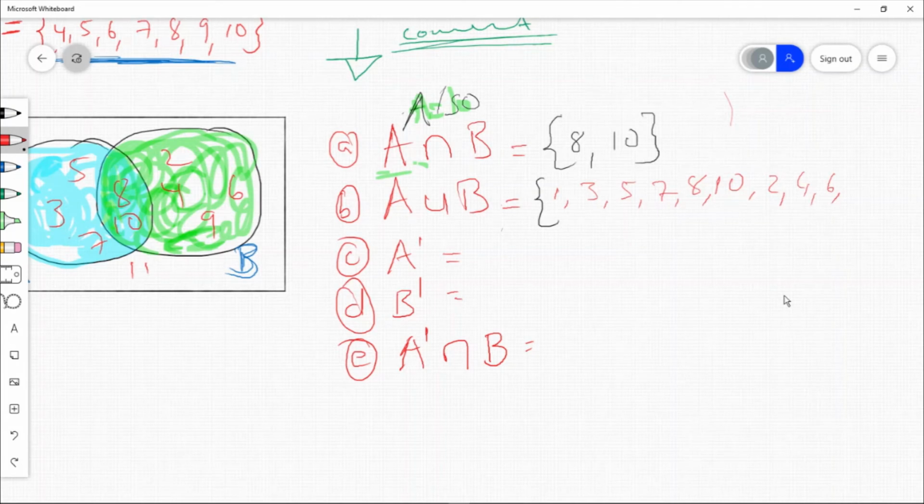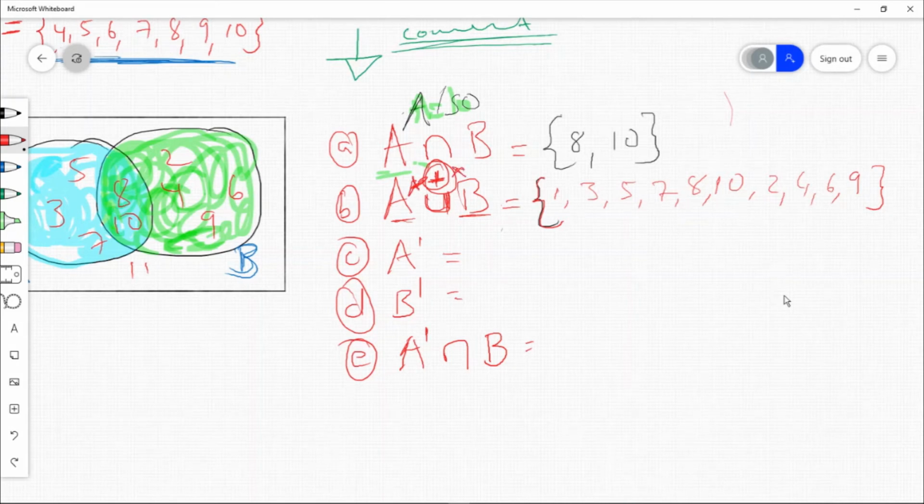Okay, so you have something like that. So these are all the elements that are in A and B. So A plus, here you can put a plus sign. A plus B, all the elements that are in A plus B.